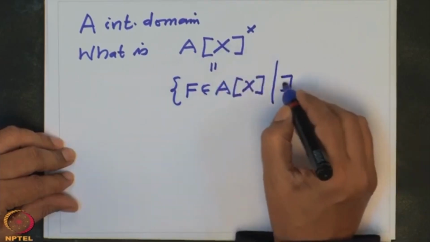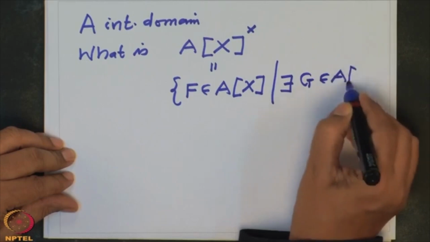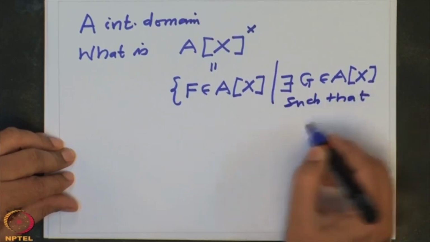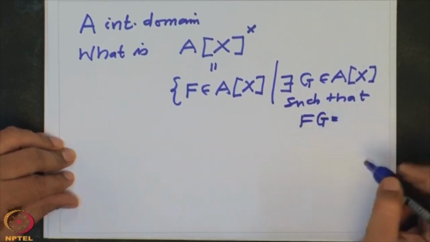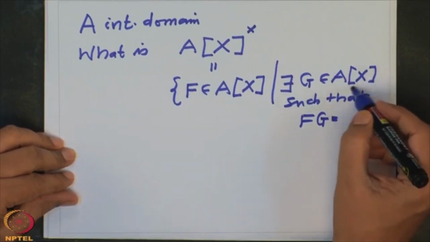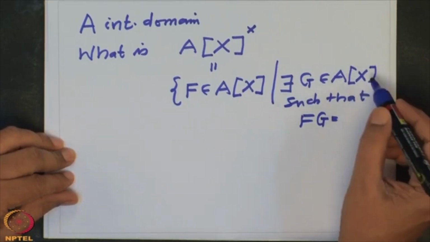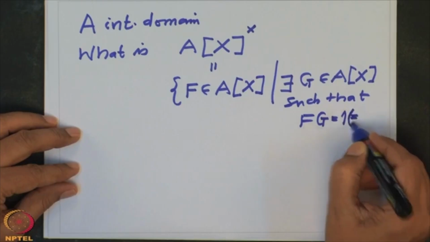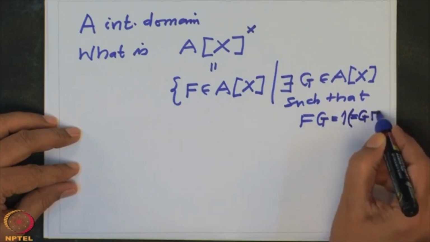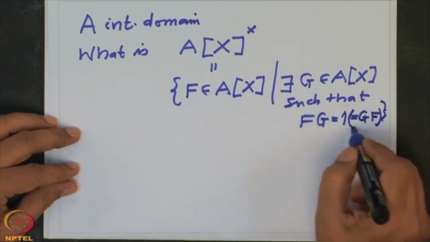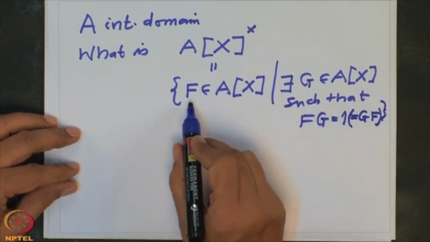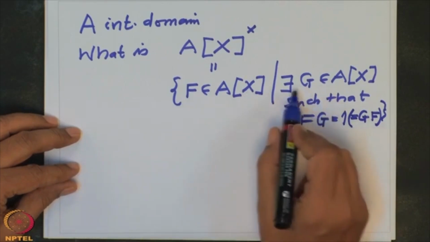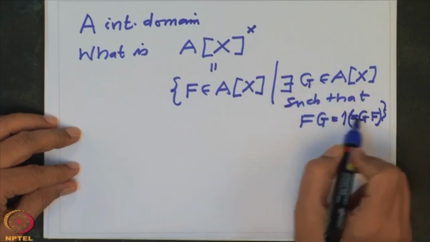That means there exists g in A[x] such that f times g is equal to the multiplicative identity in this polynomial ring, which is the constant polynomial 1. I will write in a bracket that it is also g times f, because our operations are commutative. So we want to know all polynomials with coefficients in A for which there is another polynomial g so that f times g is 1.